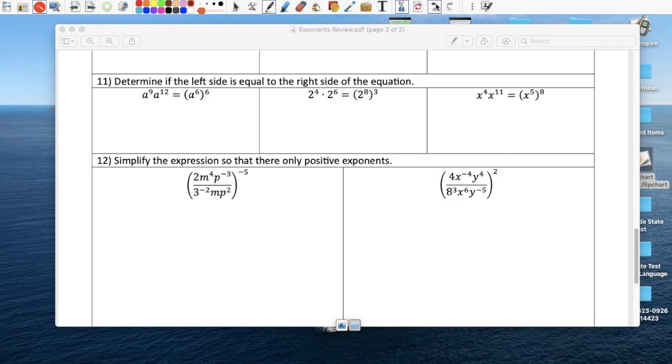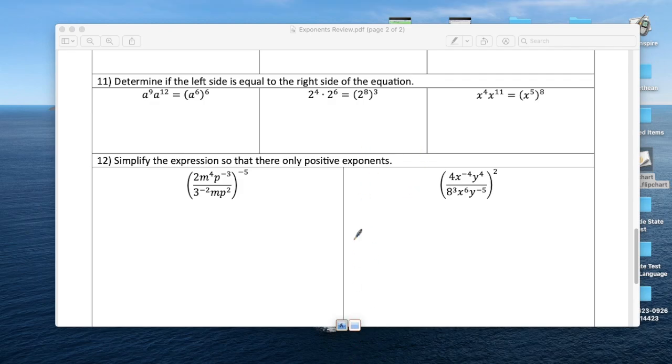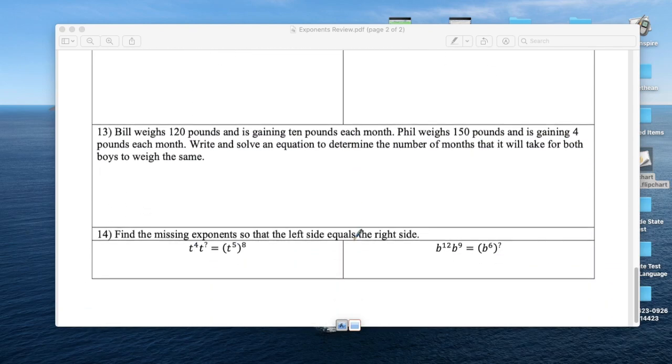Press simp. I get the domain error, I don't know why. Alright, anyways, if you run into a problem simplifying, just let me know.